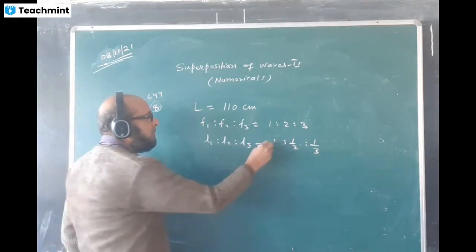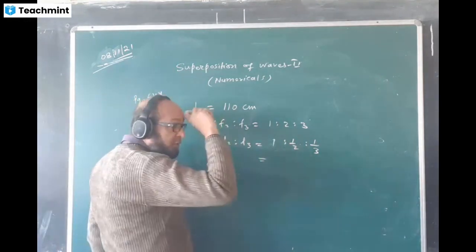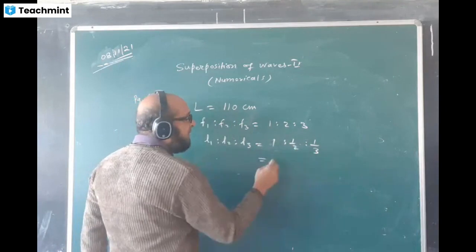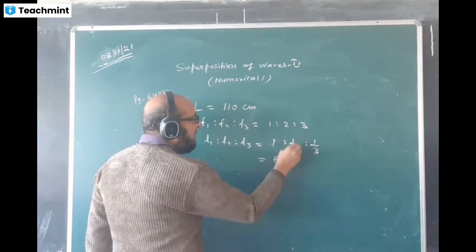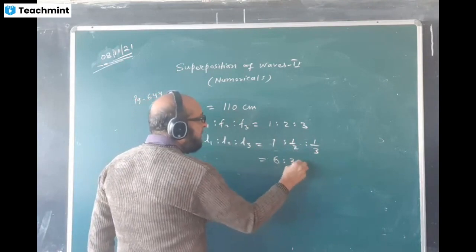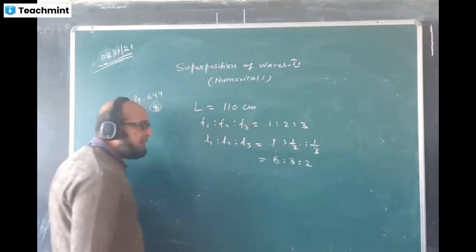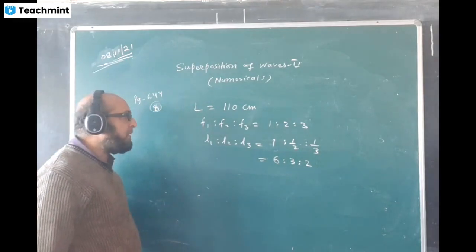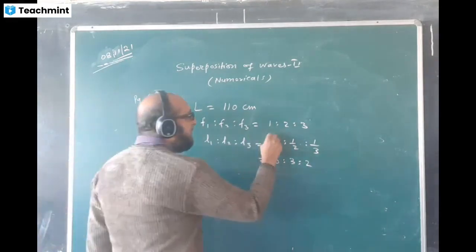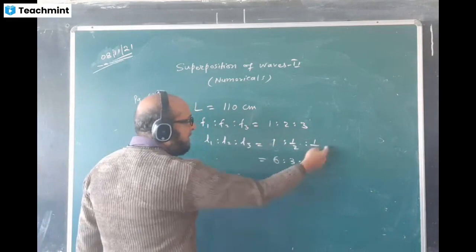So we'll change this into a simple ratio. Multiply by 6 everywhere. LCM is 6, you get 6. 2 3s are 6, 3 2s are 6, like this is coming. 6:3:2. So I've changed into a simple ratio, multiplying by 6 everywhere. 6, 3, this will come 2.